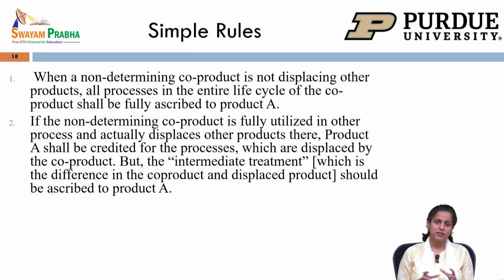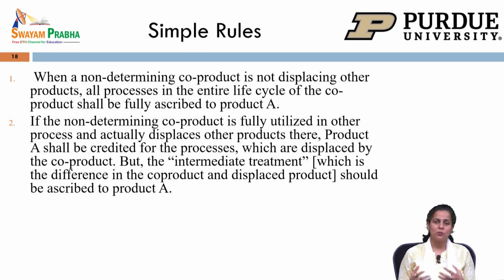But the intermediate process, which is the recycling of cardboard into a thinner material to make the paper bag, is going to be ascribed to product A. The reason is that without that intermediate process, the co-product from product A could not be utilized anywhere else. So, the burden of that treatment should be given to the original process, but the original process should be given the credit for displacing the raw material somewhere else.